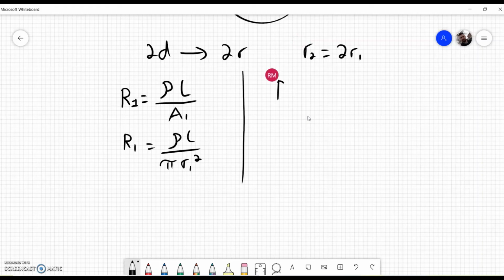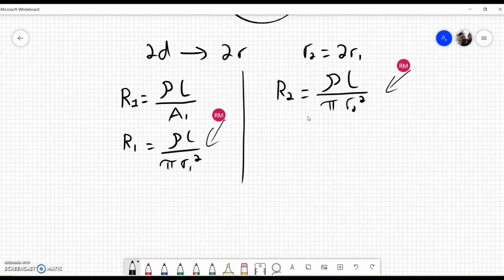This is R2, and R2 is the second resistance, which is what the question is asking me about, is equal to, well, it's the same type of wire, so it's the same resistivity. It's the same length of wire, so it's the same length. So I'm just going to write rho and L there, and now that's over pi r2 squared. Now what's different between these two things is that the r1 over here, and I'm using r2 over here. And it's the difference in the radius that's going to give me the difference in my resistance.